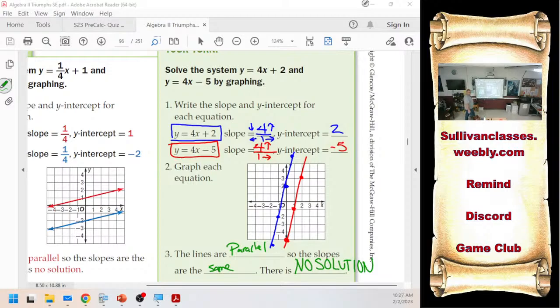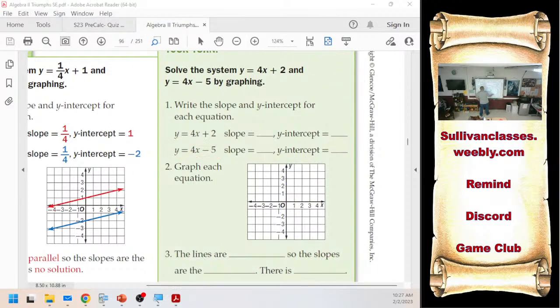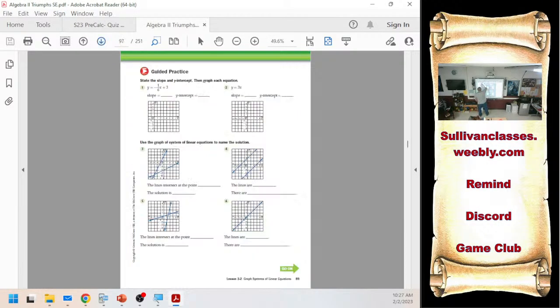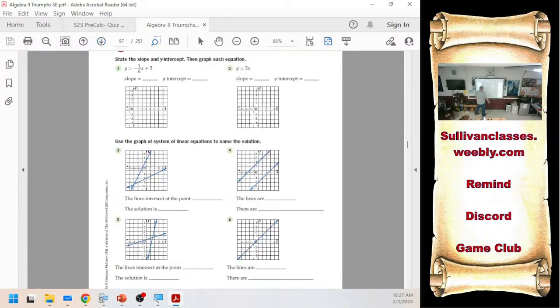Flip it over. They're going to start with just a little bit of practice, making sure, because it has been a few days. Can you graph lines? Like, can you start to finish graph lines? The first two are just graph it. That's it. Just double checking.